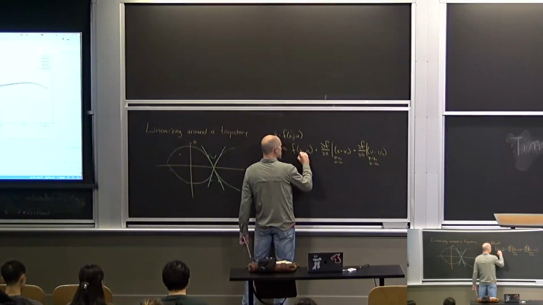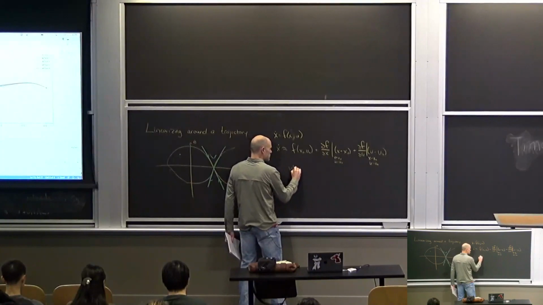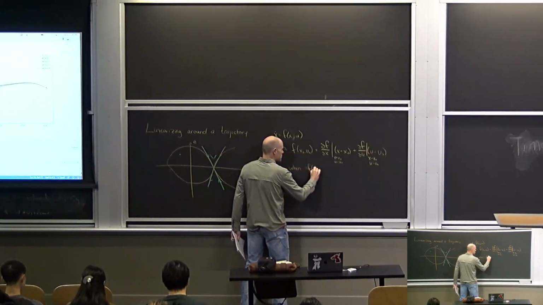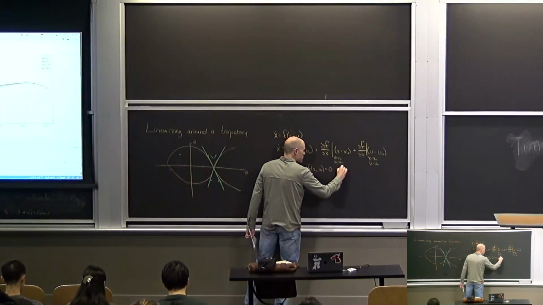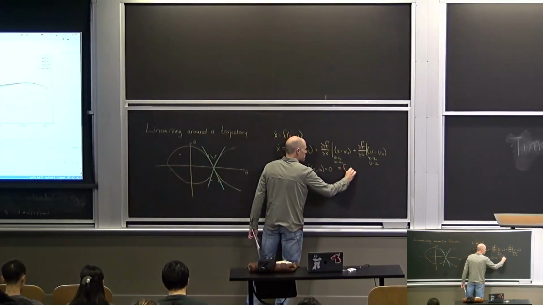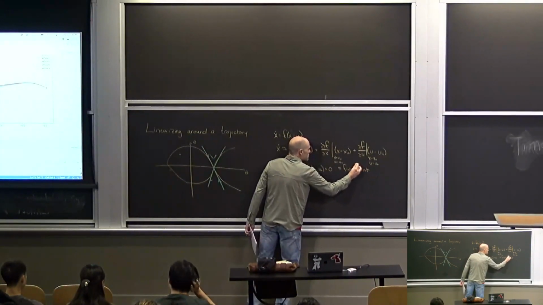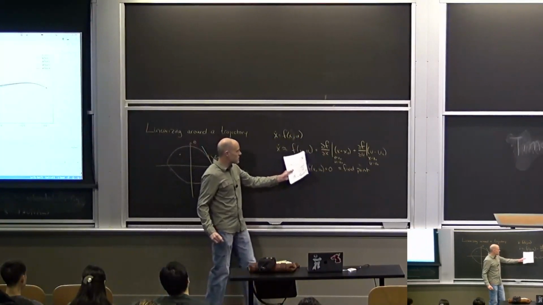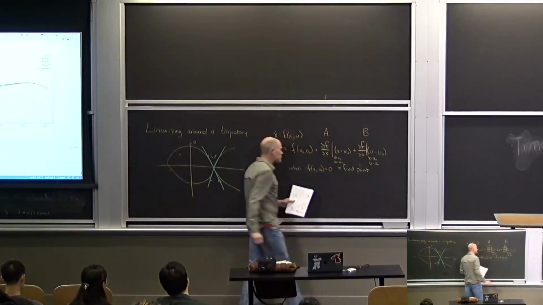And in the previous case, when this was a fixed point, then this thing became my A matrix, right? This thing became my B matrix.